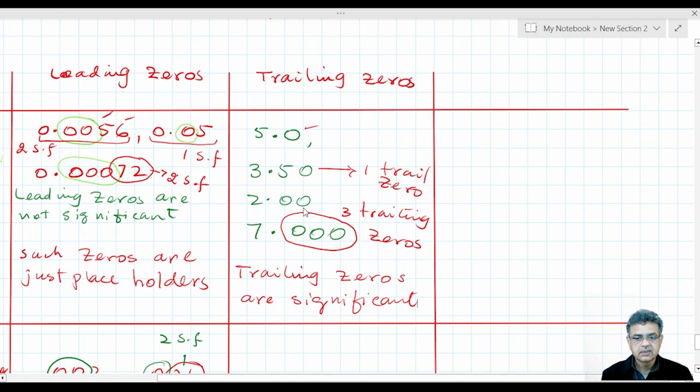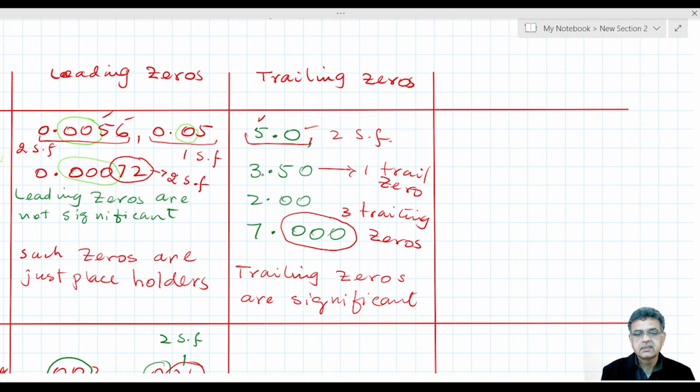Whenever there are zeros after the decimal without any non-zero digit at the end, then these zeros are significant. So this number is now two significant figures, because one significant figure is 5 itself and the other significant figure is 0.